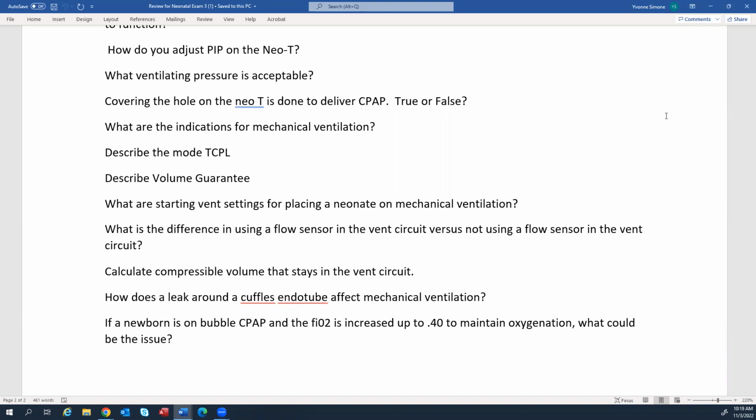If it's volume, you mention the amount of volume that you would use to ventilate a neonate, or if it's pressure, what kind of volumes are you trying to target with the pressure? And then of course, FiO2 and PEEP.